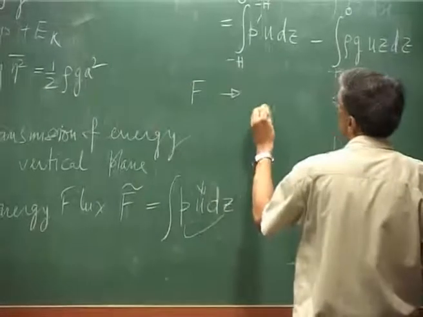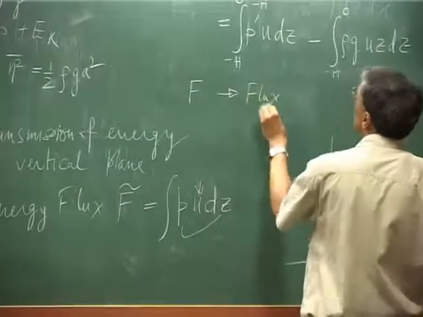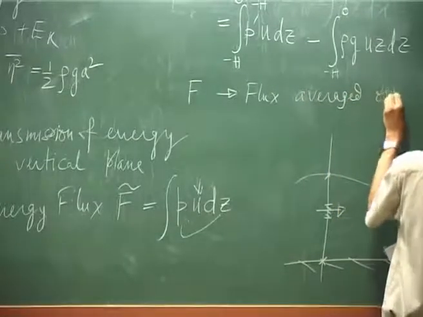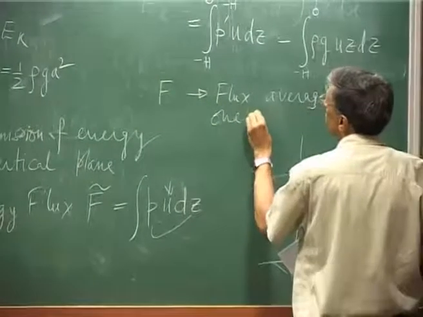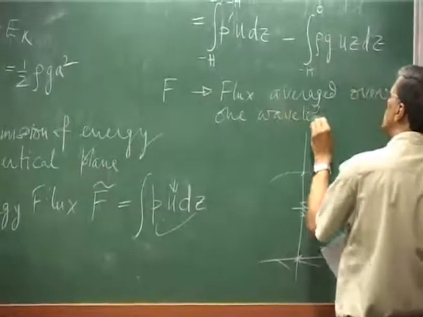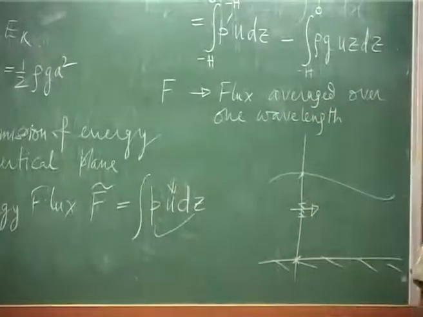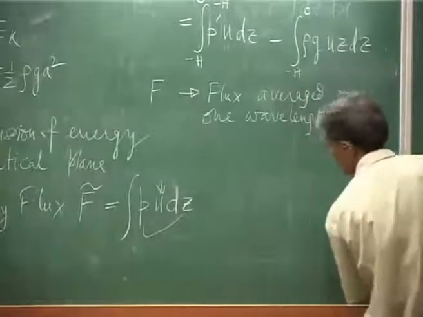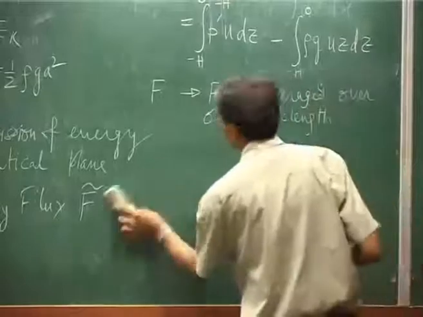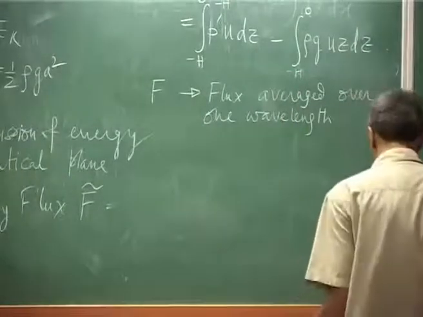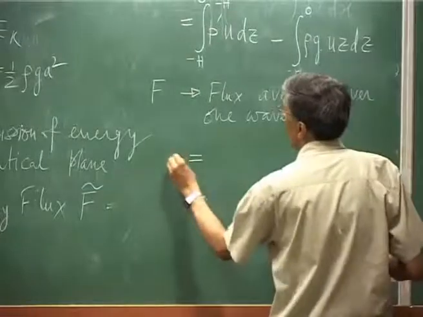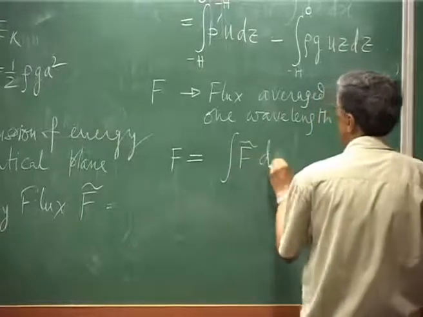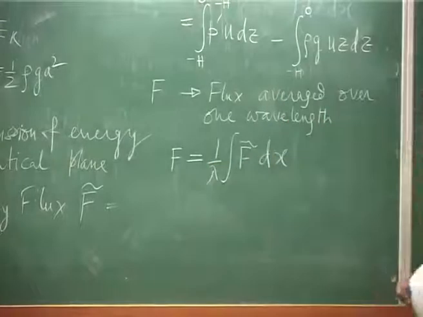So, that is basically flux averaged over one wavelength, and if I look at that expression, f would be nothing but, I will integrate F tilde over x, and this is what we mean.